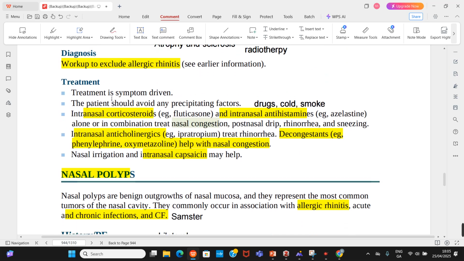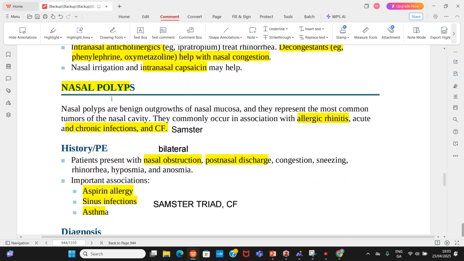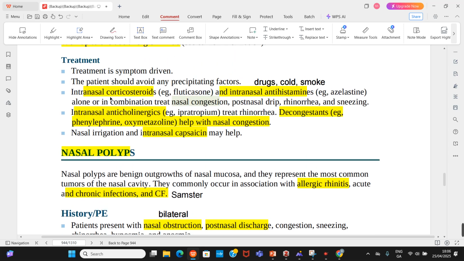So that's the treatment of rhinitis. Don't forget, if it's allergic, use an oral antihistamine, intranasal steroids, and a decongestant. Here too: decongestant, intranasal steroid, intranasal anticholinergics, and the other stuff.